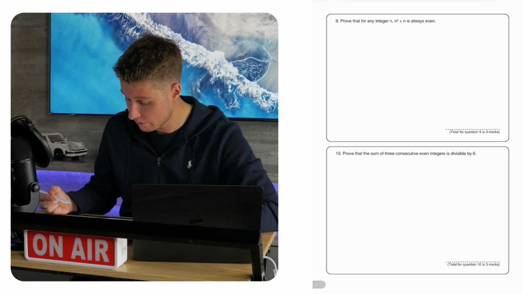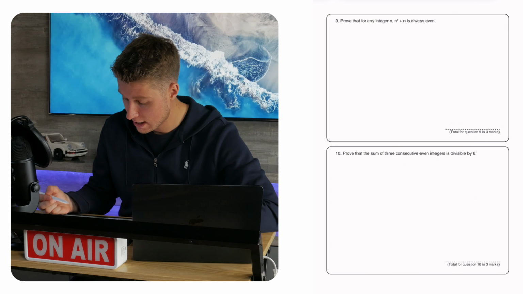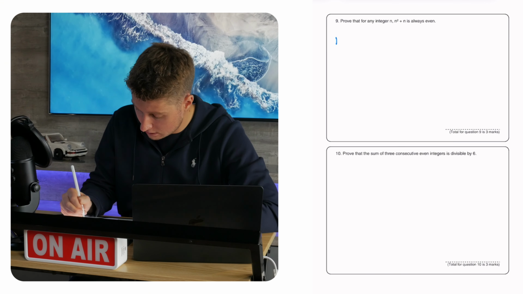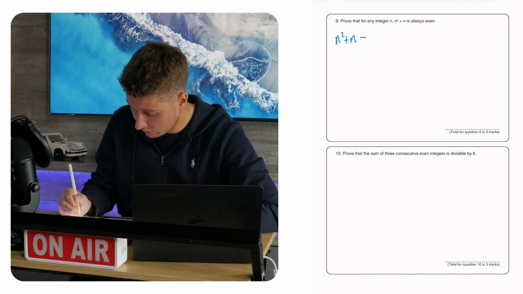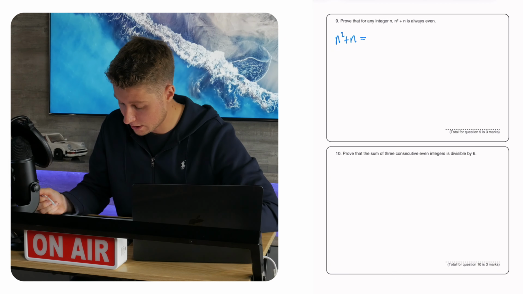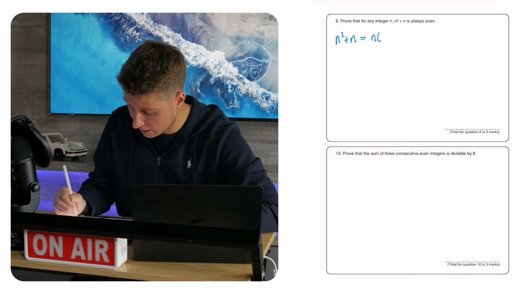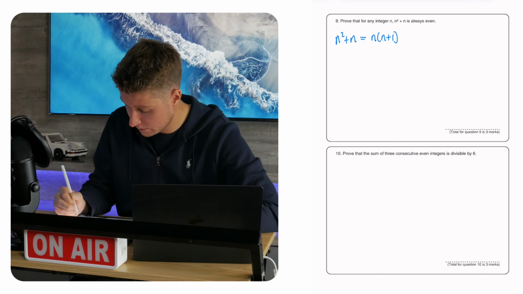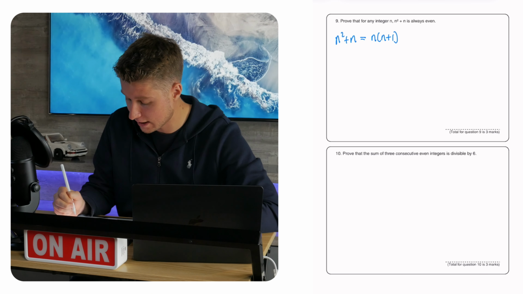Question 9 says, prove that for any integer n, n squared plus n is always even. So n squared plus n, if we factorize this expression here, we get n brackets n plus 1. So if n is an integer, then n plus 1 will be the next consecutive integer.